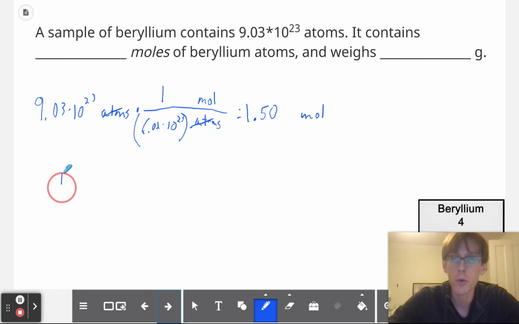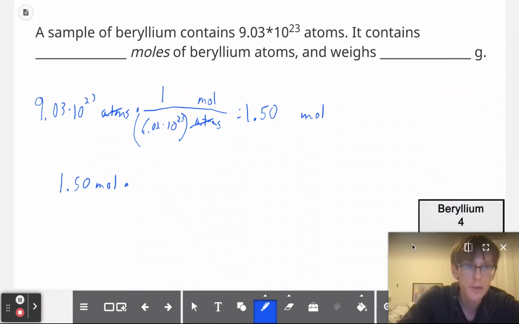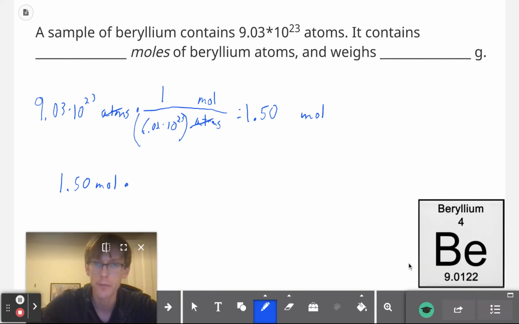Well, we can take our 1.50 moles and we will multiply by the molar mass of beryllium, which, if I move myself over a little bit... There we go. Okay.